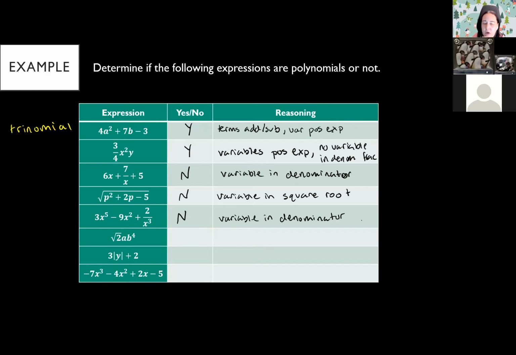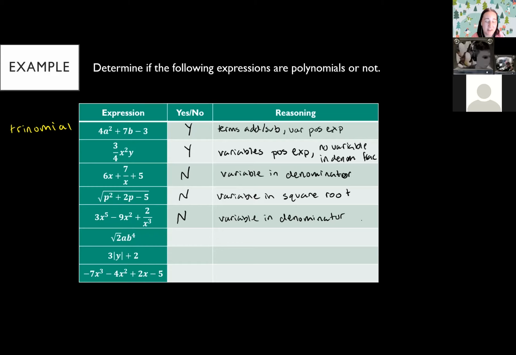What about the square root of 2ab to the 4th? I'm say yes because I'm not sure about the square root, but I think it's only variables inside of the square root, and that's not a variable. That's correct.